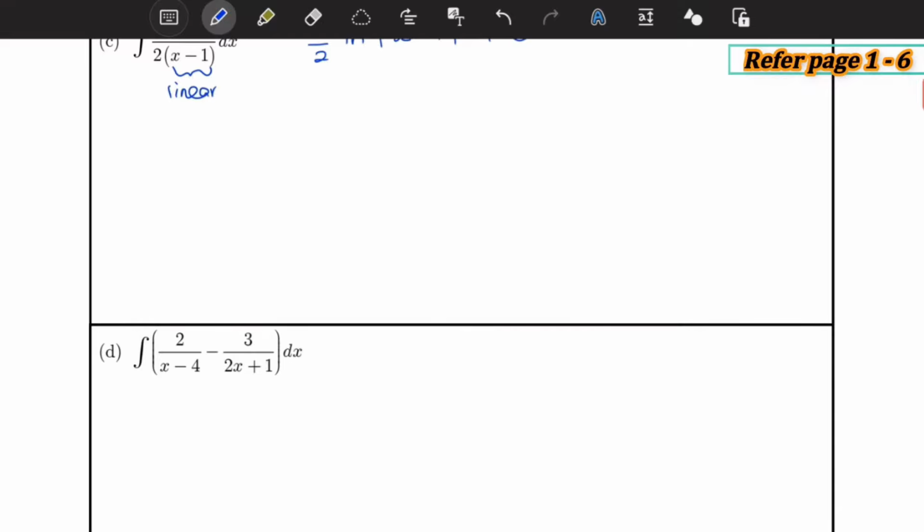Okay, next one, part D. Integrate 2 over x minus 4, minus 3 over 2x plus 1. X minus 4 is a linear function, and 2x plus 1 is also a linear function.